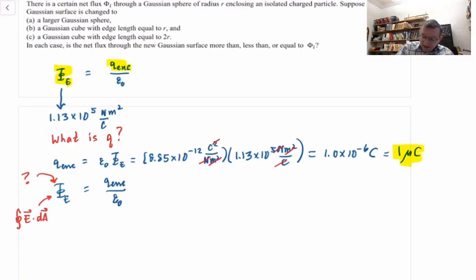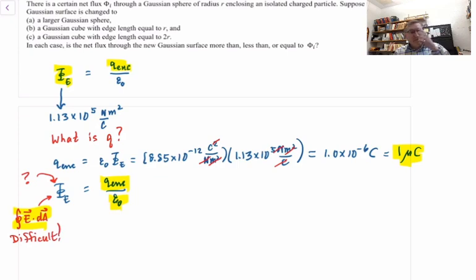Or I could use Gauss's law, that's the right-hand side, that tells me that the electric flux is equal to the total enclosed charge over epsilon 0. Well, I do not want to do it brute force. You see this over here? It's not that it's incorrect, it's just that it's going to be very difficult to do it that way.